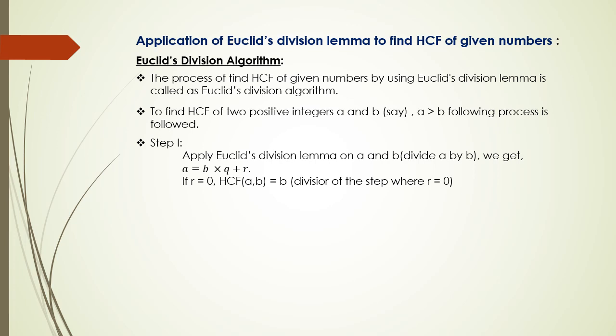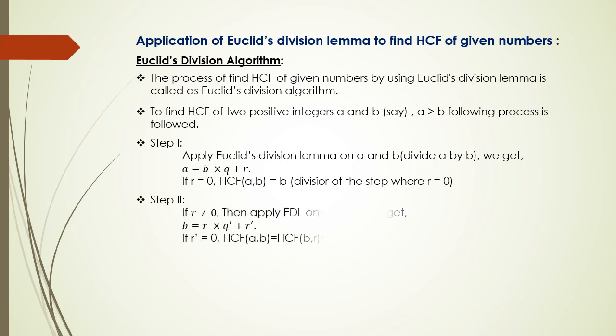Then by Euclid's division lemma, it can be written as a is equal to b into some quotient q plus some remainder r. In this case, if the remainder is equal to 0, then the HCF of the given 2 numbers a and b is equal to b, where b is the divisor of the step where the remainder is 0. Remember that the HCF of 2 numbers is the divisor where the remainder has come 0.